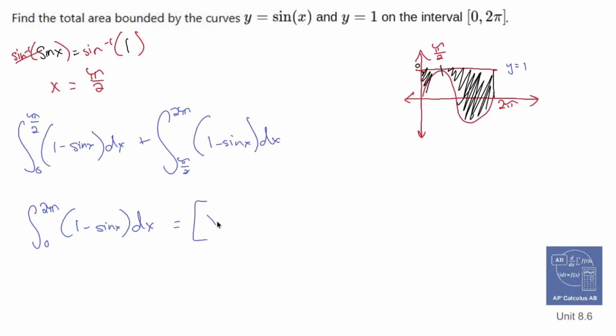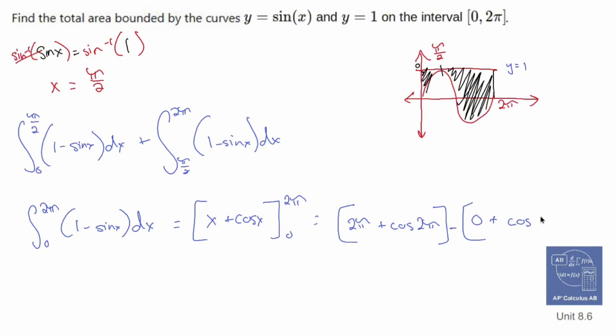The integral of 1 is x. The integral of sine x is negative cos x, so negative negative cos x is positive cos x. And my limits are 0 and 2 pi. So once I set this up, I get 2 pi plus cos 2 pi, minus 0 plus cos 0. 2 pi is 2 pi.